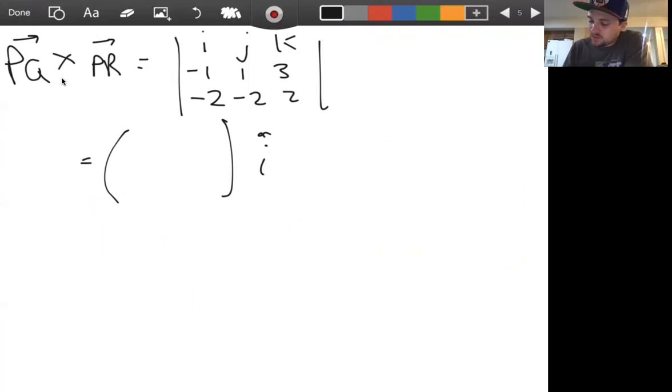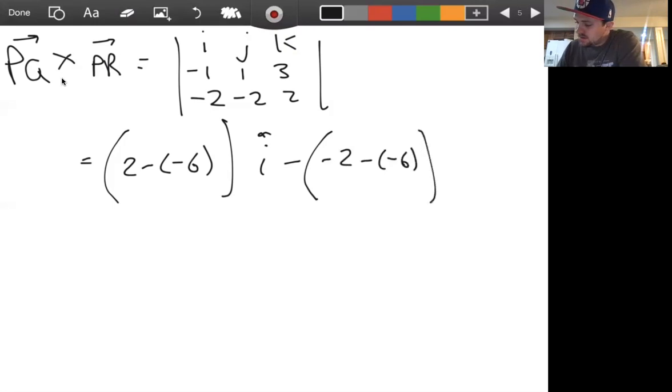So I'll write it out. 2 minus a -6 i hat, and then alternate sign, so minus, then j hat is going to be -2 minus a -6 j hat, and then plus for k hat, it looks like we're going to get 2 minus -2.